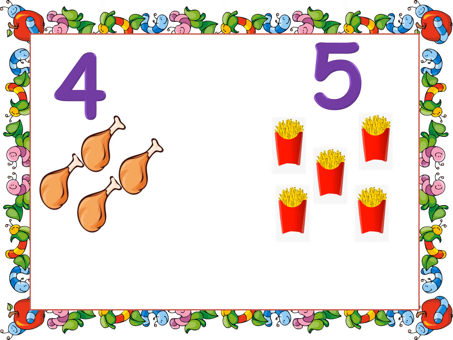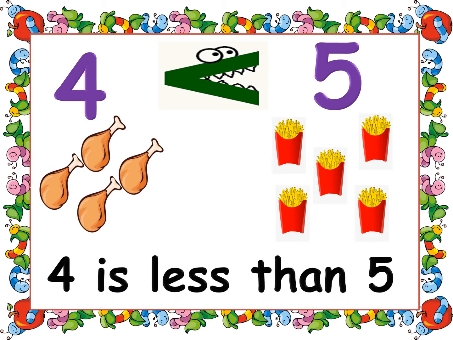So I have 4 chickens and 5 French fries. Which will the alligator eat? Very good. He will eat the number 5 because 4 is less than 5. 4 is less than 5, okay? So 5 is the greater number while 4 is less than 5.